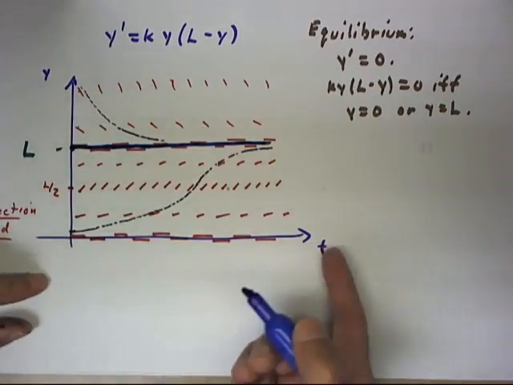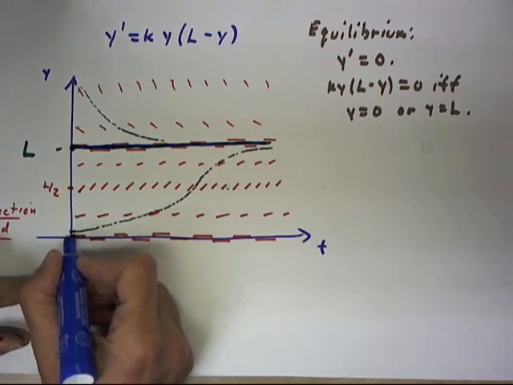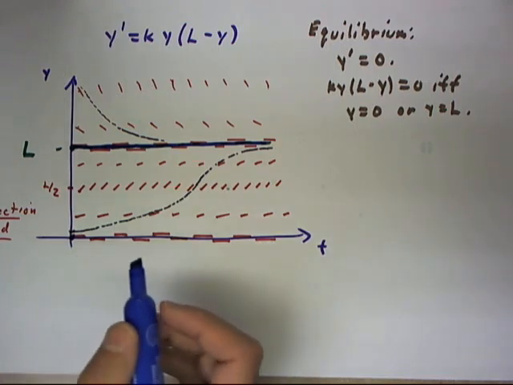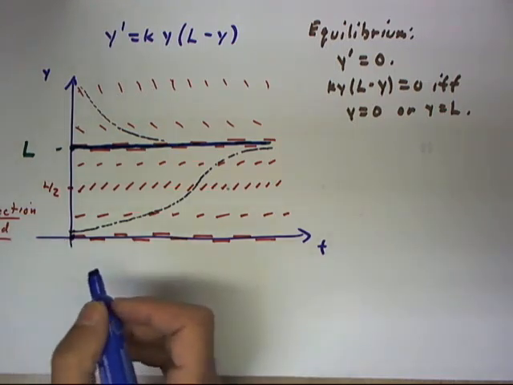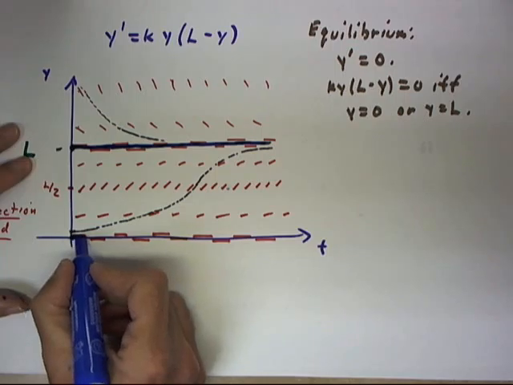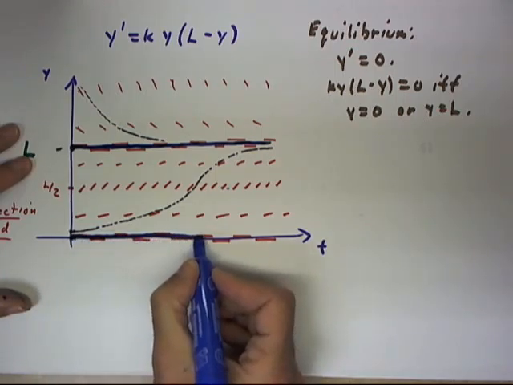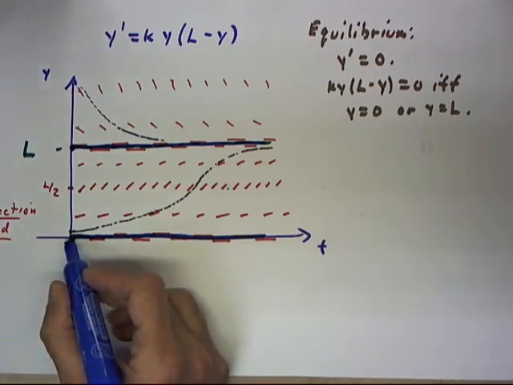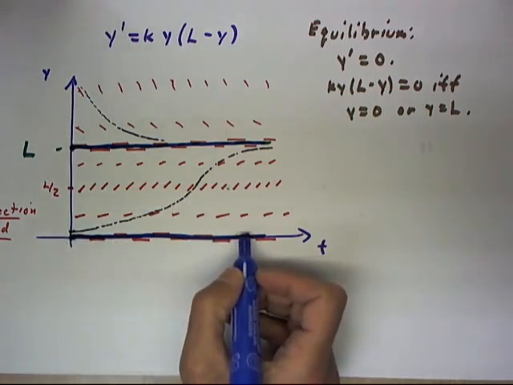And the same, of course, is not true if we start at 0. Now, if we're talking about a reproducing population, if you don't have any population at all, you're going to stay that way. You're going to have no population. But the y equals 0 population is not stable.